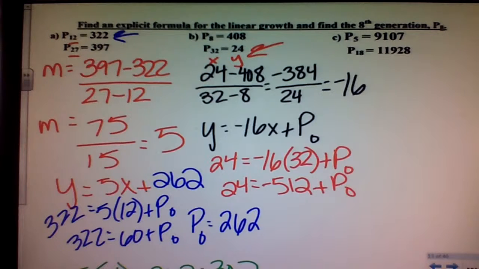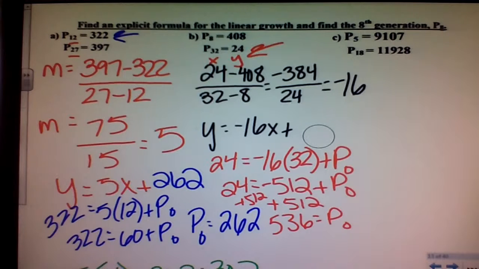To move 512 to the other side, I have to add. So 512 plus 24 is 536. So my actual equation then, P sub 0 is 536.